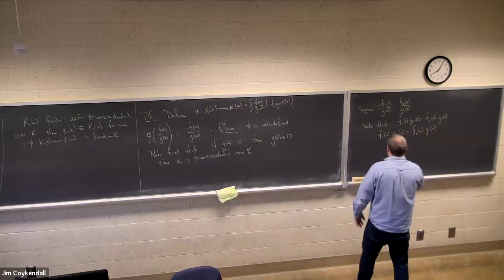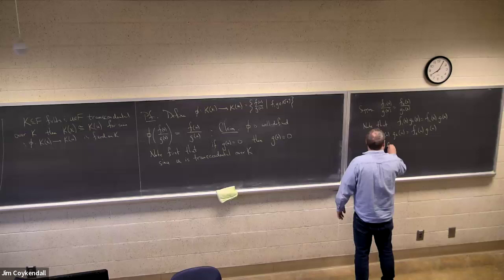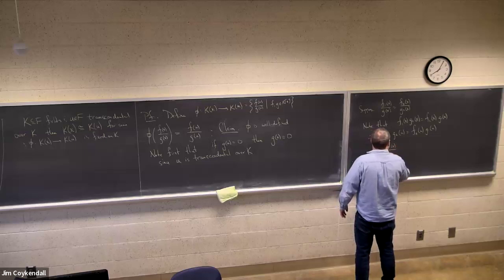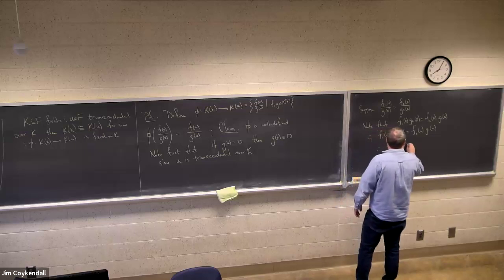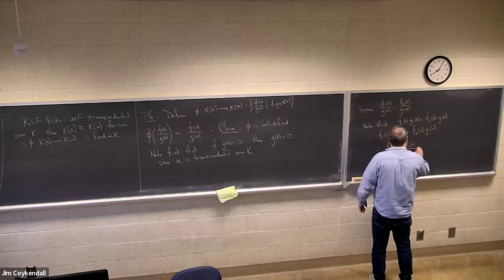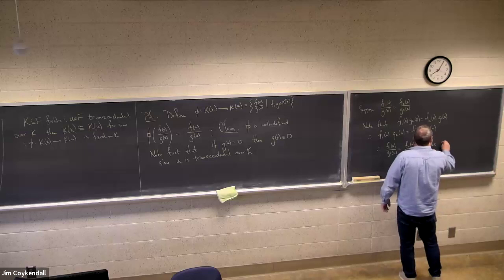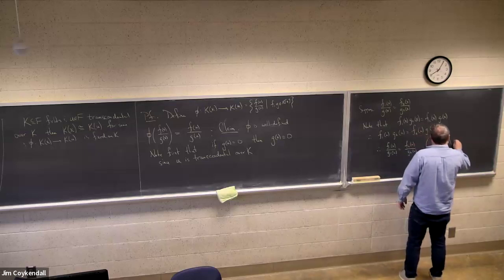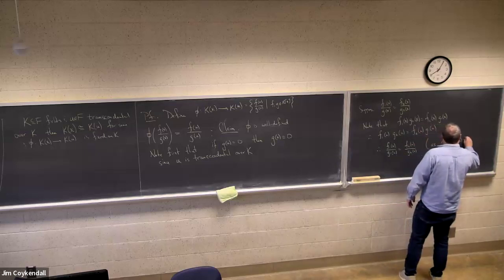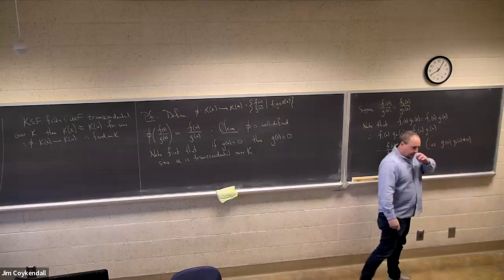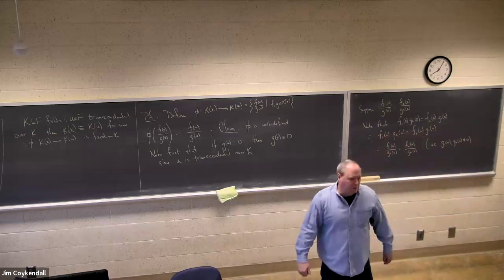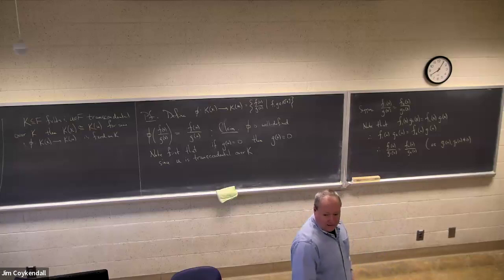And therefore, f1 of u over g1 of u is equal to f2 of u over g2 of u, as g1 of u, g2 of u are not equal to 0. So this function is well defined.